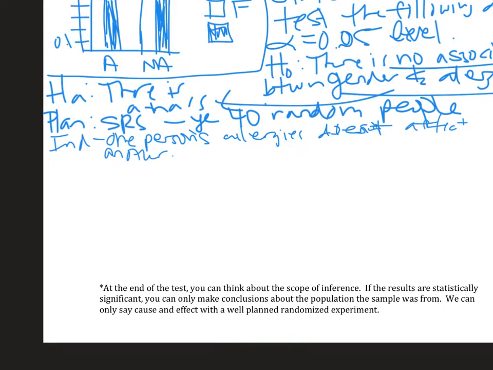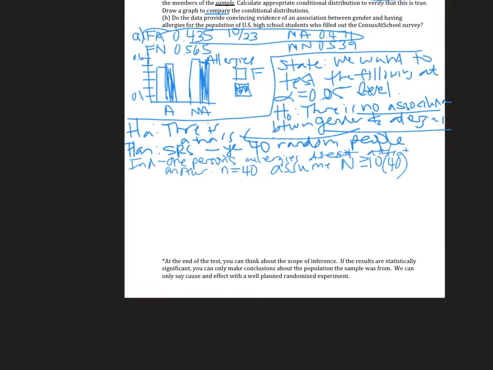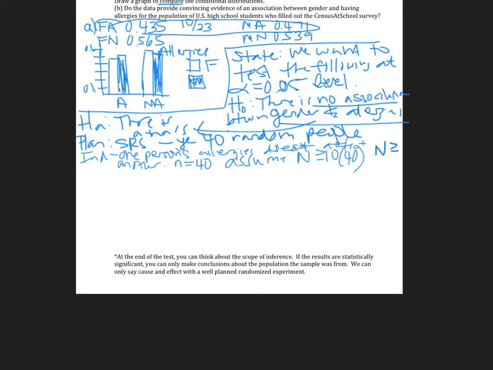And then little n here is 40. Since it's one sample, all you have to do is say that we need to assume n is greater than or equal to 10 times 40, or n is greater than or equal to 400 that could have taken the survey.